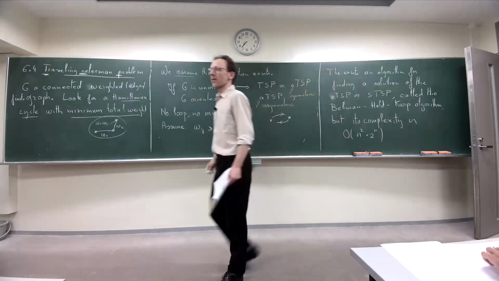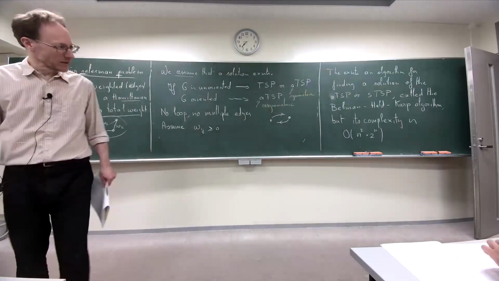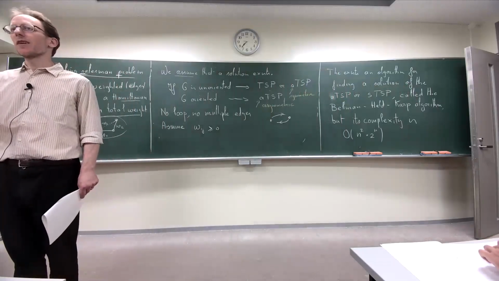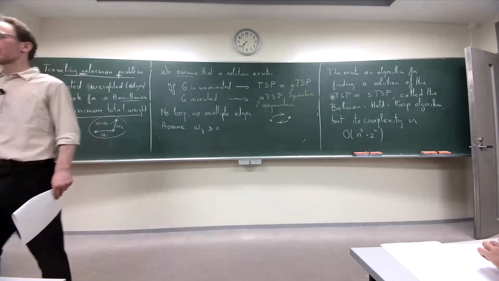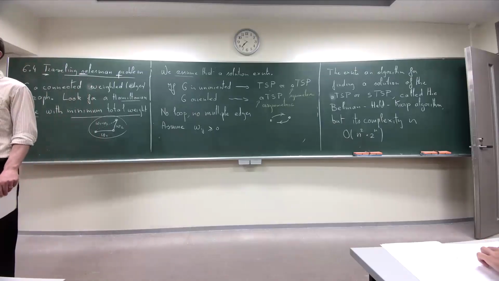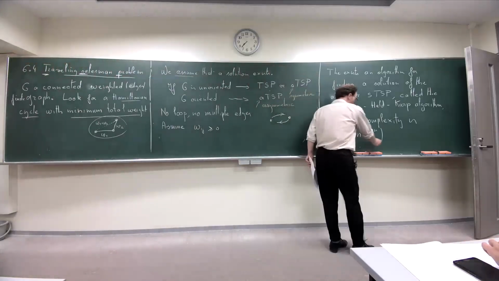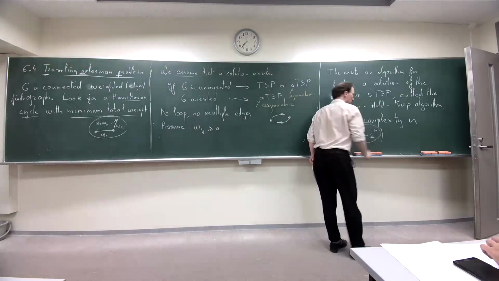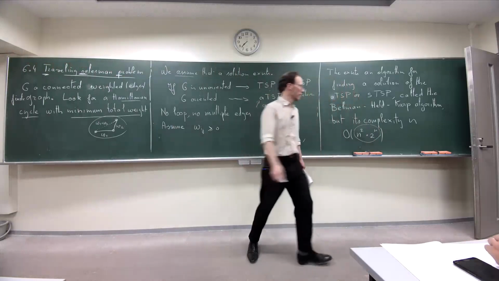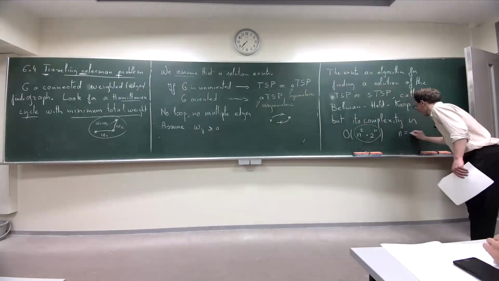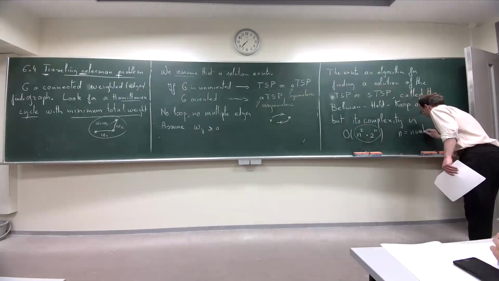I don't know a precise definition, but it means if you look at the number of computations you have to do in order to solve this problem, where n is the number of vertices, you have to do a number of computations of this order.